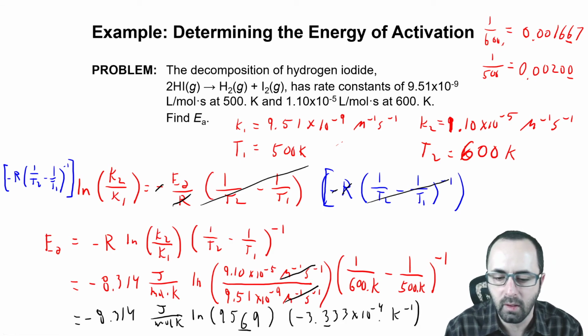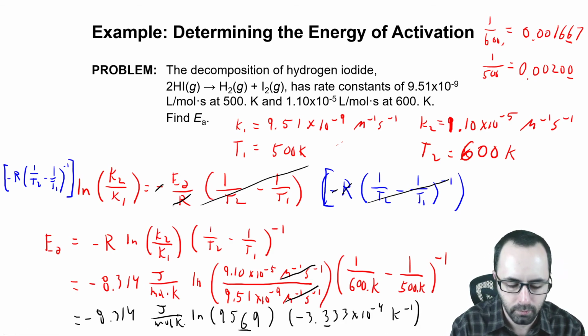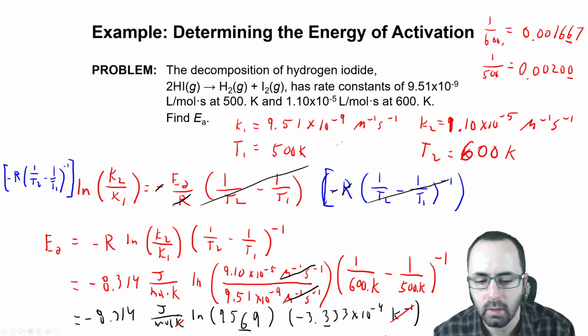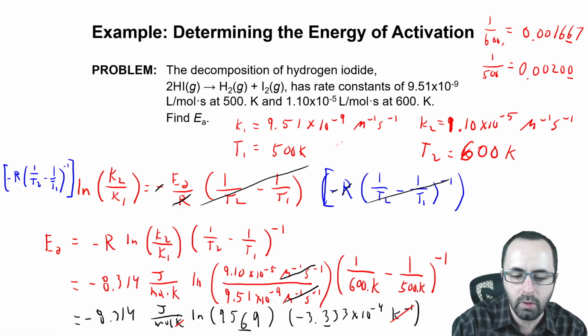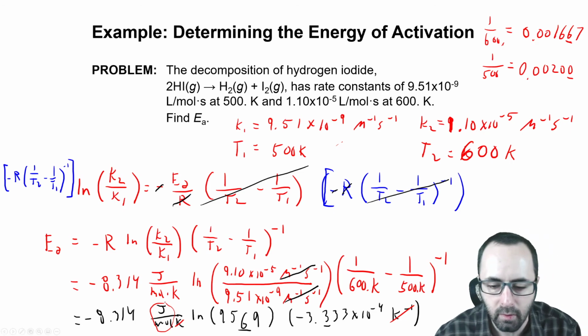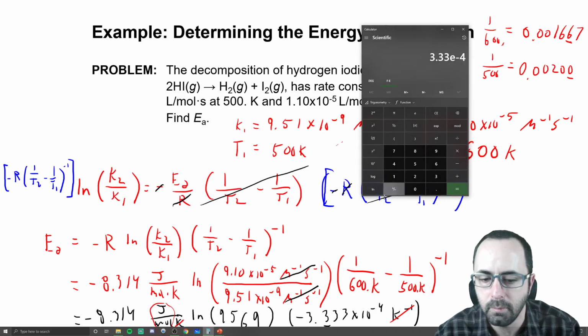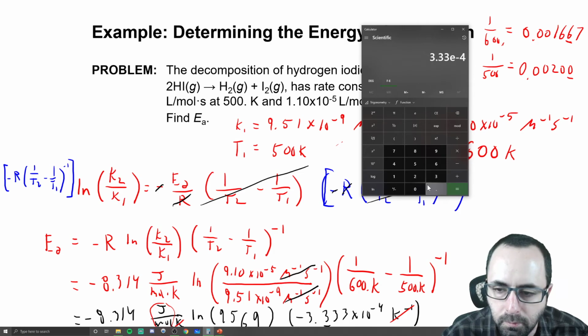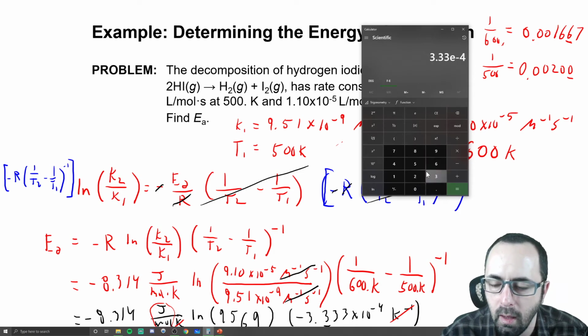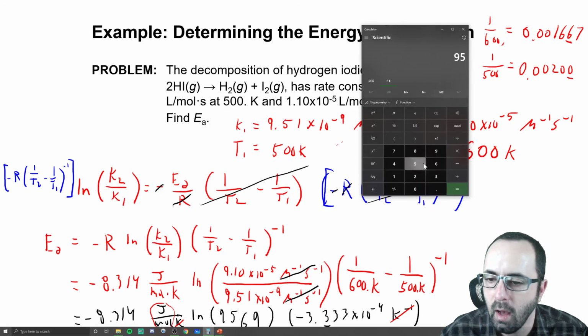So you can see what's going to happen with Kelvins here now. Our Kelvin units are going to cancel, so we have Kelvin divided by Kelvin essentially. So all we have left for units are joules per mole, which is exactly the units we want. And so now we can probably pretty easily multiply the rest of this. So we're going to have the 9569, take the natural log of that.